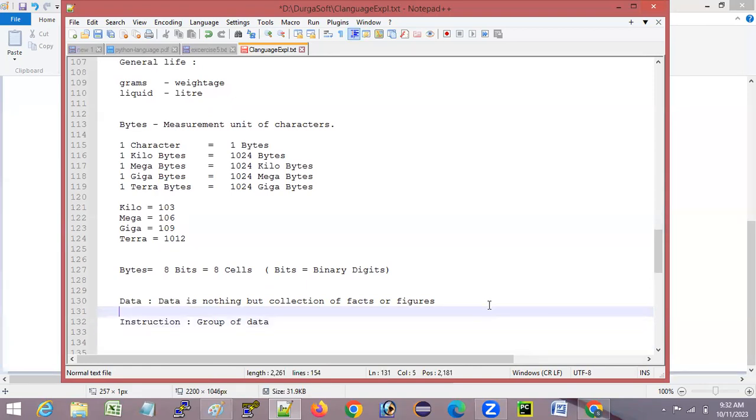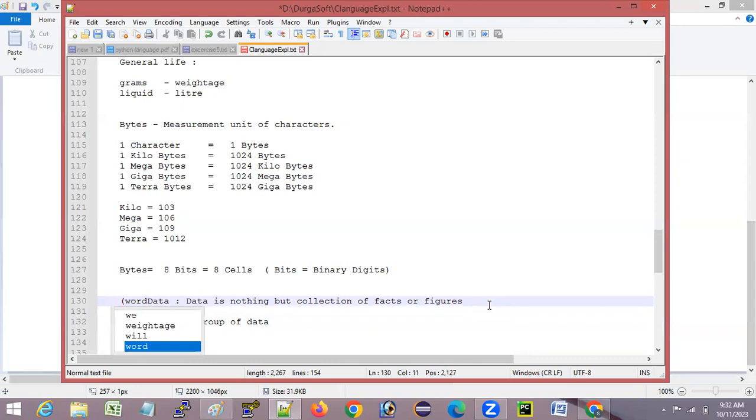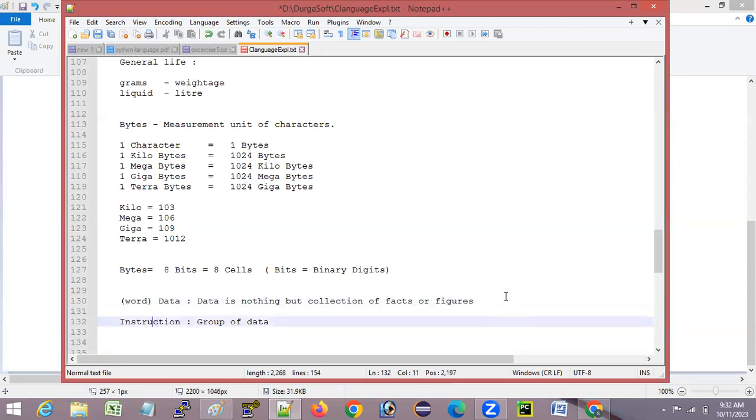In general English, data is nothing but a word, and an instruction is nothing but a sentence. A sentence is prepared when we have a number of words, and that too with a meaningful sense. Only then do we say it is one instruction. Otherwise, it is not called an instruction, or a sentence.